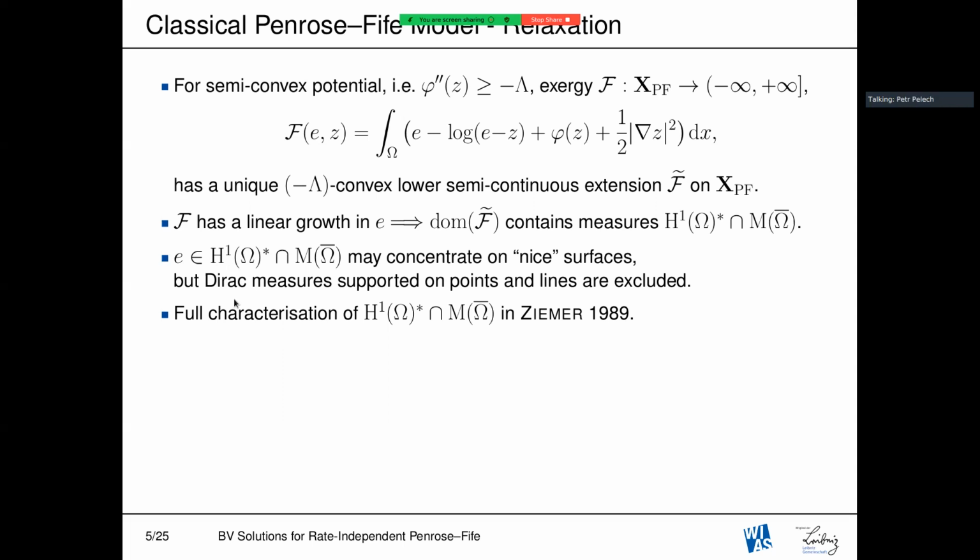If one is interested, the full characterization of those nice measures was given in the book by Ziemer, Weakly Differentiable Functions.